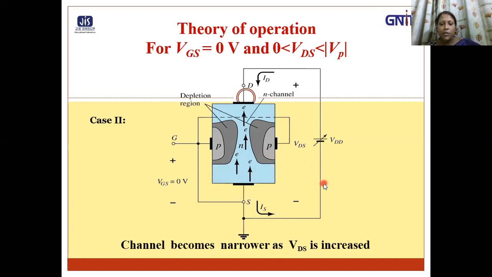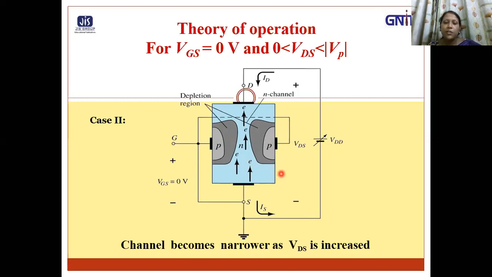Since the value of VDS keeps decreasing due to progressive drop along the channel as we go from drain to source, the gate channel bias also decreases accordingly. It has maximum value at the drain gate region and minimum value at the source gate region.